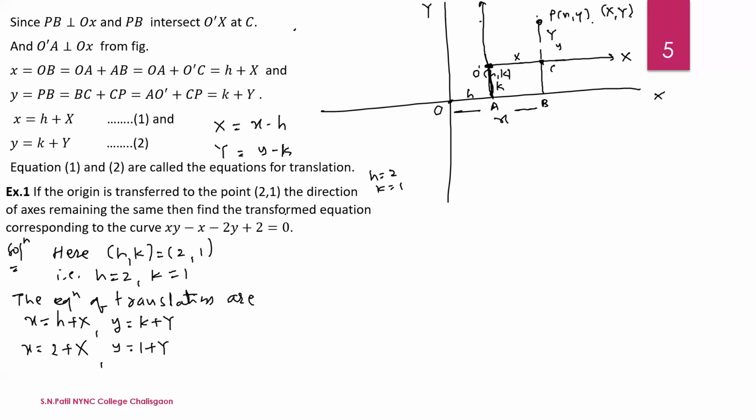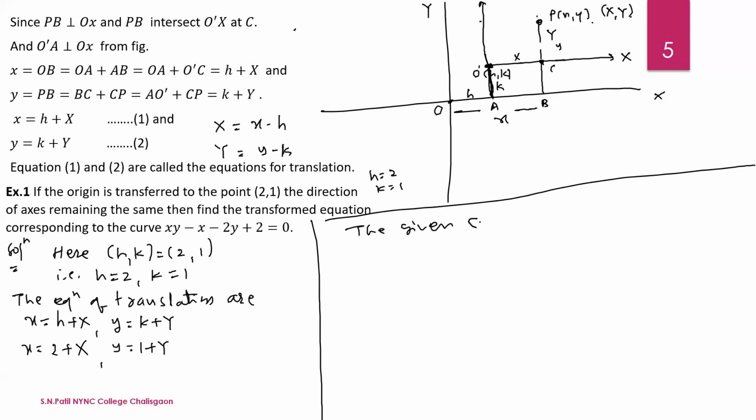Okay, now the given curve is xy minus x minus 2y plus 2 is equal to 0.